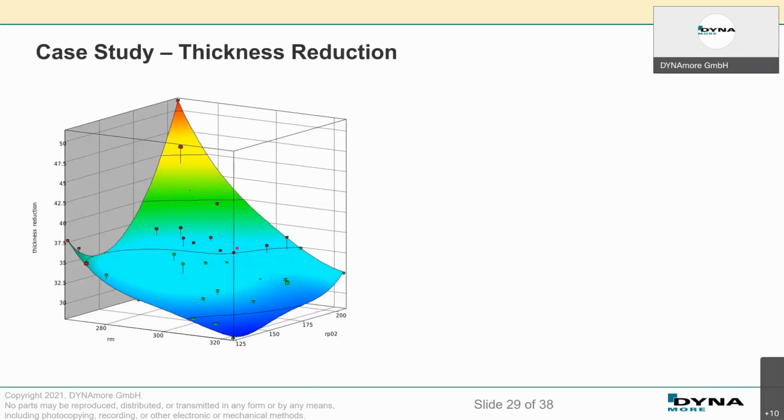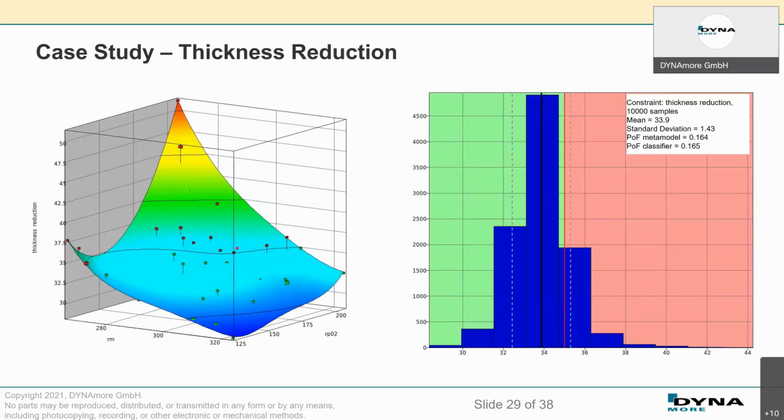And then it's complicated in most cases to use the metamodel directly to judge the variability of the response or anything else. So it's definitely useful to have other possibilities as well to display and evaluate statistical values.